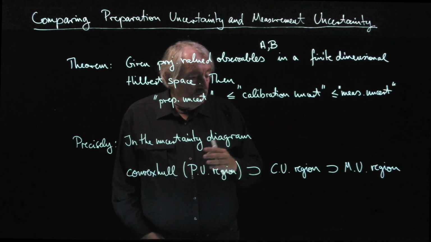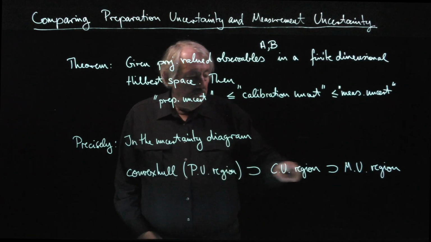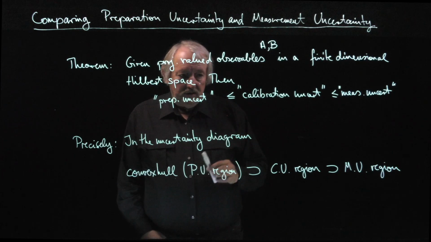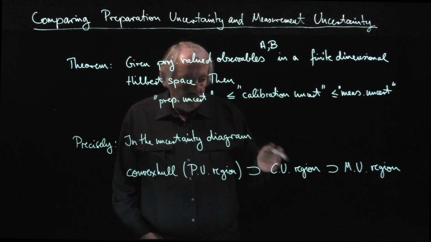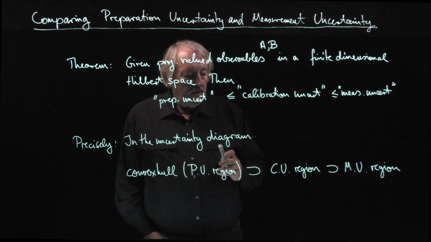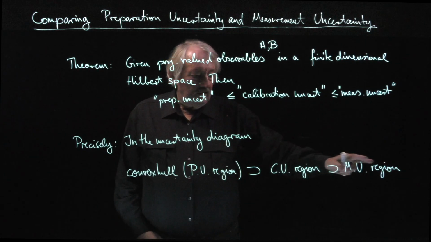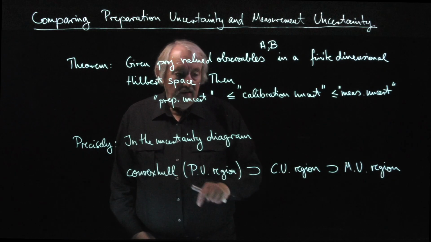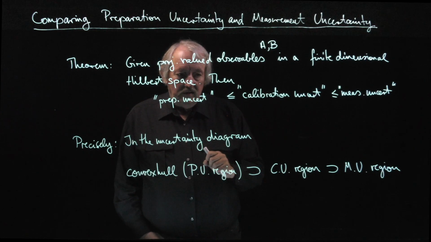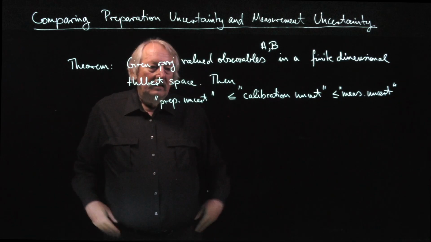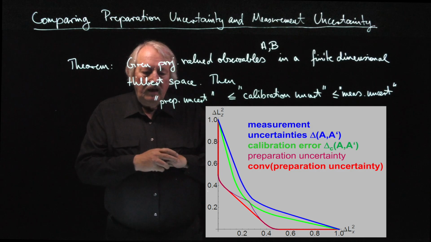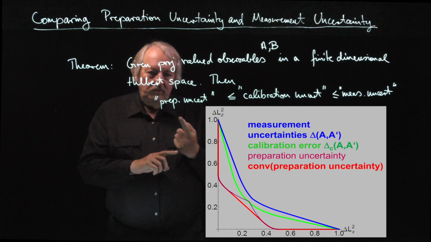Okay, so let me just wrap up by showing you a diagram in a simple finite dimensional case, few outcomes, where you can see exactly these inclusions. Also what I said about the convexity and the necessity of the convex hull. The example that I brought, where we worked this out in detail, is a three-dimensional Hilbert space.